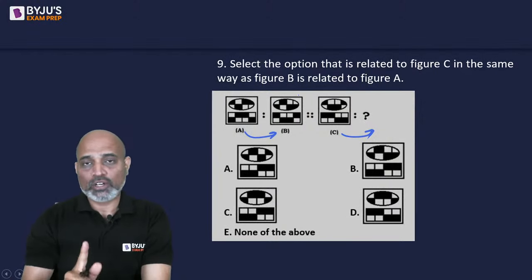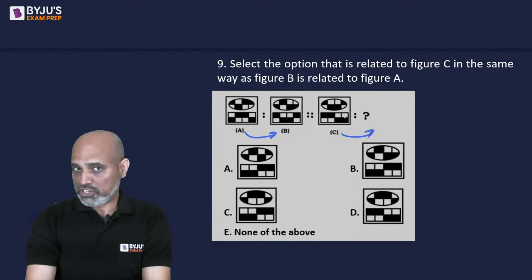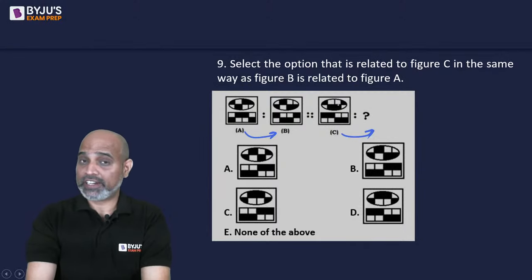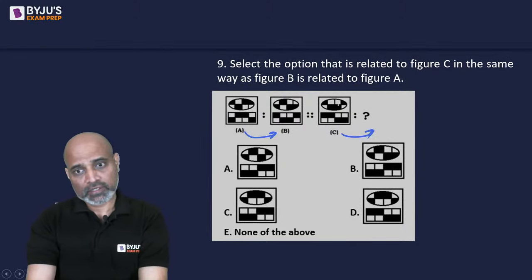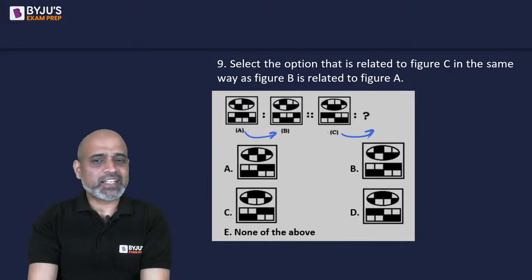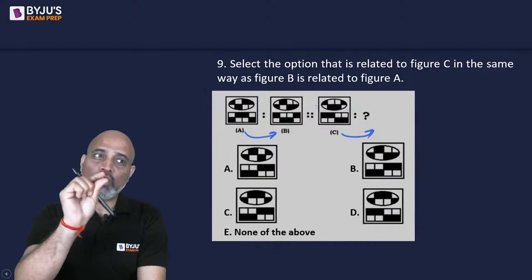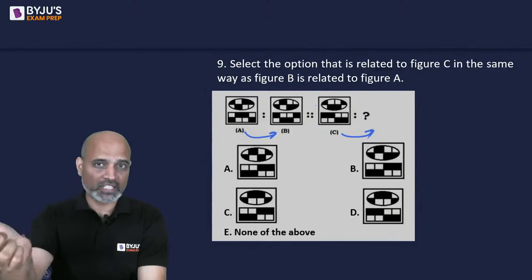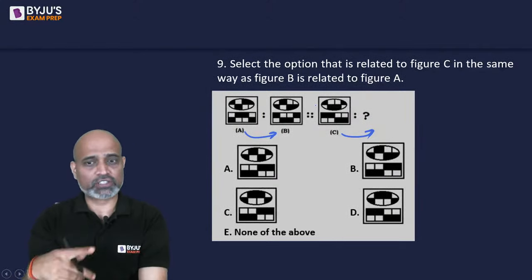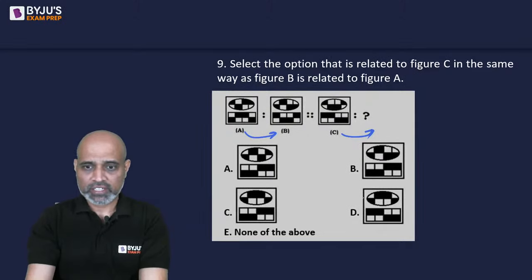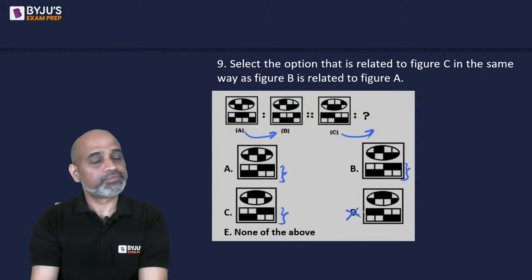If I go by that logic, the parts that are not shaded in C should get shaded in D and vice versa. So let's look at the rectangle now. We have a shaded rectangle made up of two squares, then non-shaded and then non-shaded and shaded. The opposite of this will be the B type, A type, C type, D cannot be.